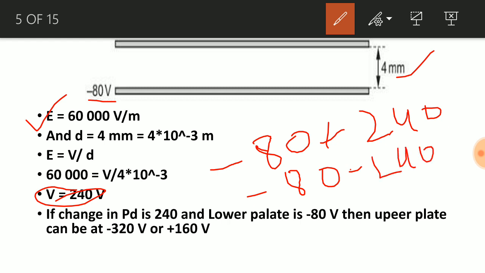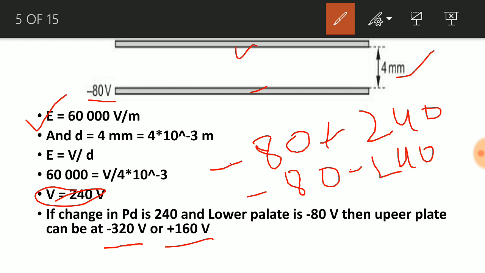On solving this, we will get either plus 160 or minus 320 volt. As 240 is the potential difference between these 2 plates and the lower plate is at minus 80 volt, our answer can be minus 320 volt or plus 160 volt.